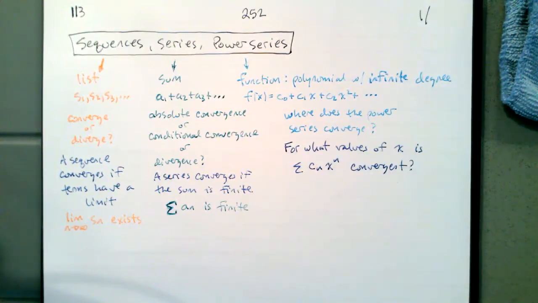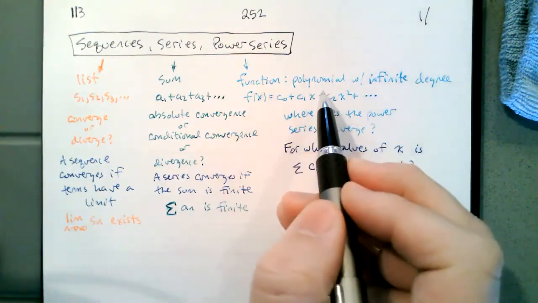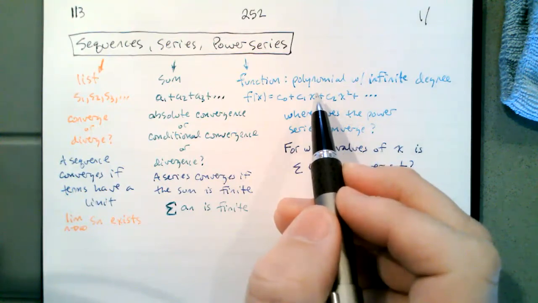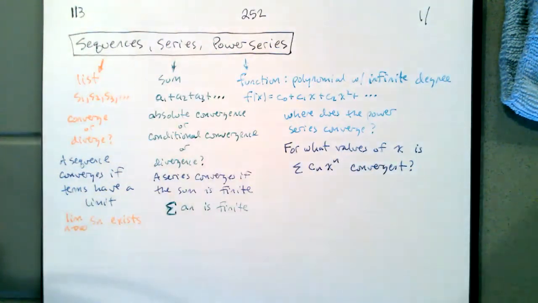So when we plug a value of x into a power series, we end up with a series. So we plug stuff into this function, and instead of getting real numbers like we have with our regular functions, we end up with a series. And so the question is, do we get a convergent series or a divergent series? So the question is not, does the power series converge or diverge? The question is, where does the power series converge?